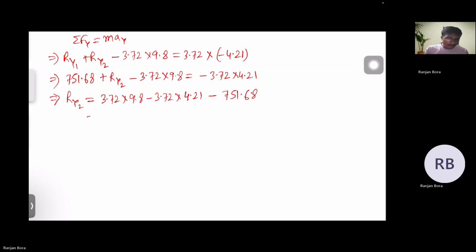Solving this, we get minus 730. So Ry2 is also negative. That means this Ry2 will act in the negative y direction.